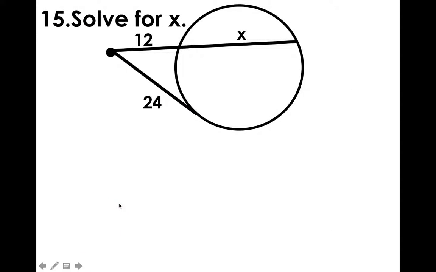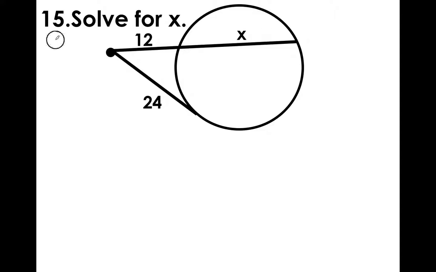So let's look at number 15. Give you a chance to copy it down. So the rule says that if I have a tangent and a secant, and one thing some of you all may want to do is start jotting down what do you have?